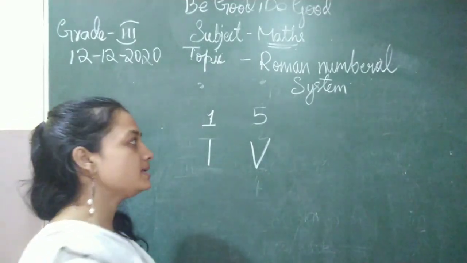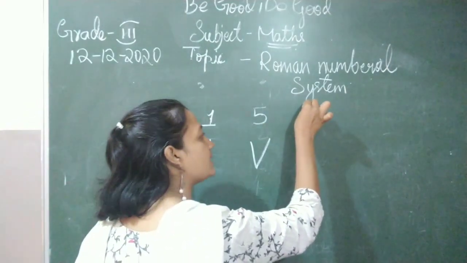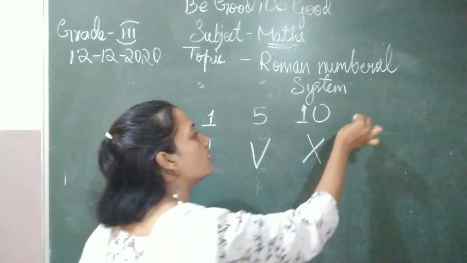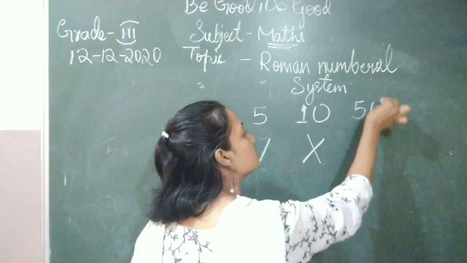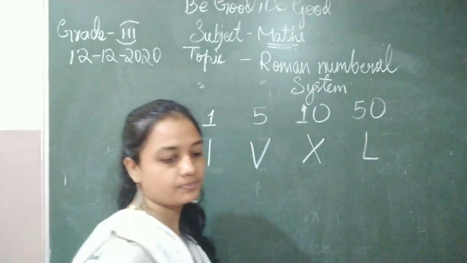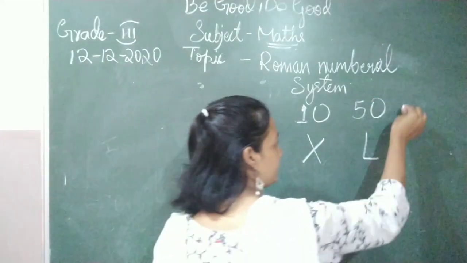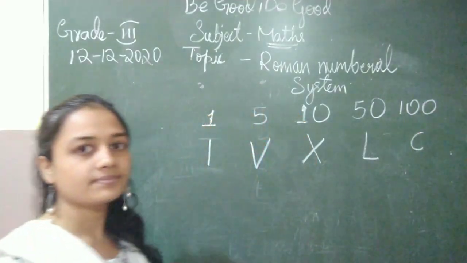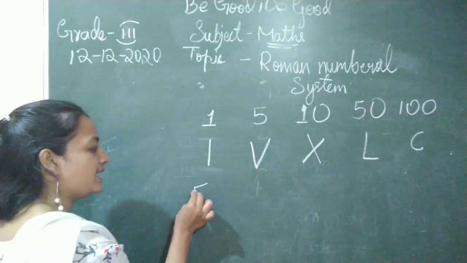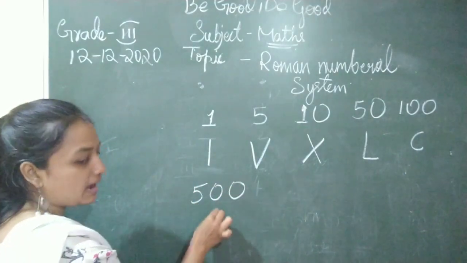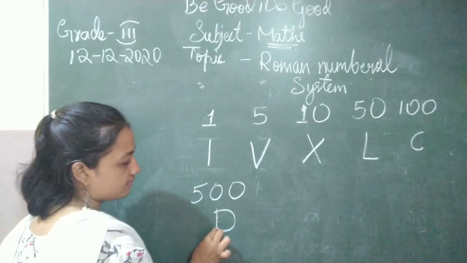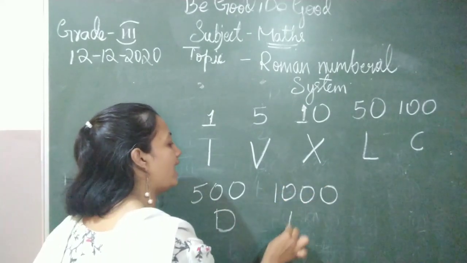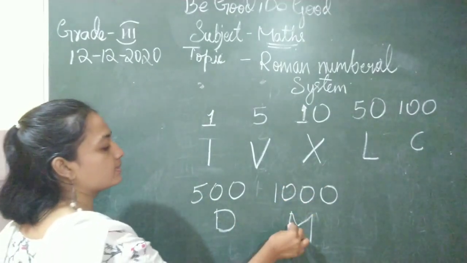V. Similarly, for number 10, you have X. For 50, you have L. And for 100, you have C, for 500 you have D, and for 1000 you have M.